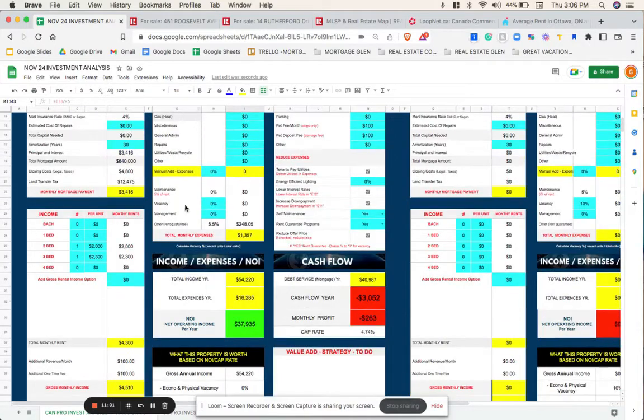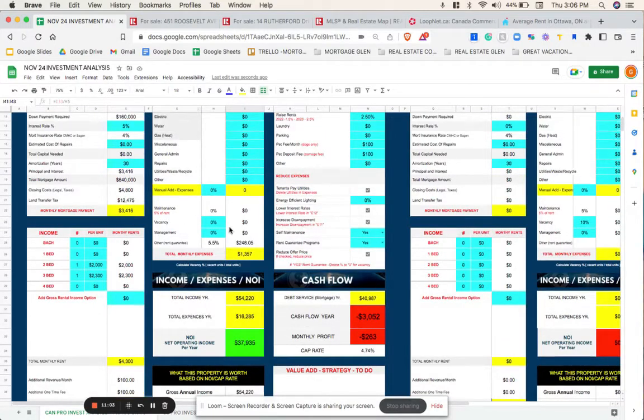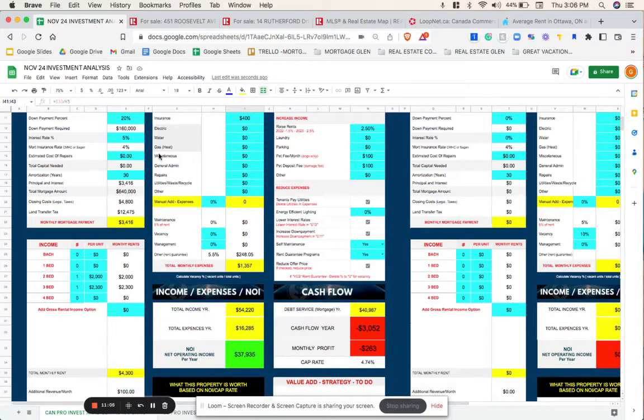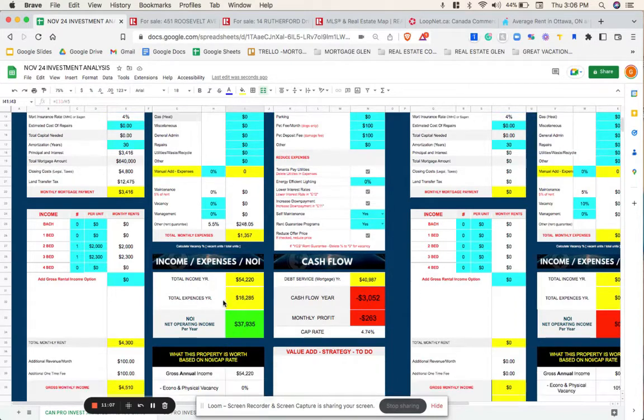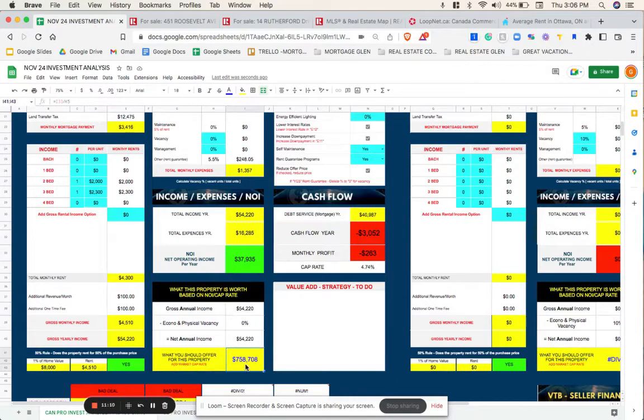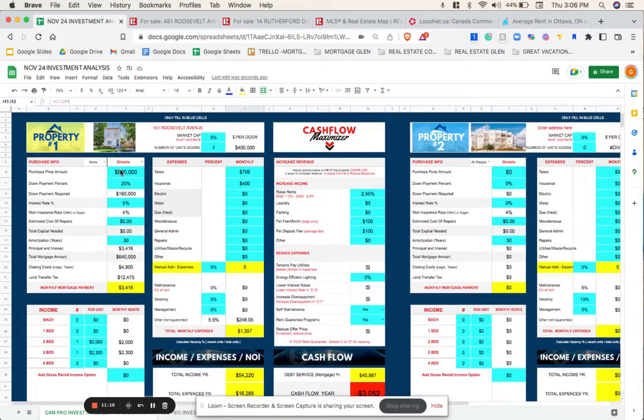Based on what these numbers are telling you up here, in terms of the NOI divided by the cap rate, that will give you what you should offer on this property. So 758. Let me put in 758 up here.